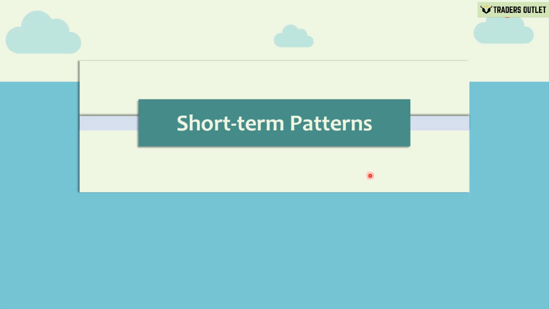Compare that with our previous patterns like rounded bottom or head and shoulders. They take place over a couple of weeks or even months. So there is plenty of time to enter and exit from this pattern. But in terms of short-term patterns, it has to happen within a day or sometimes even within some hours. So the entry and exit is a really tricky part to manage.